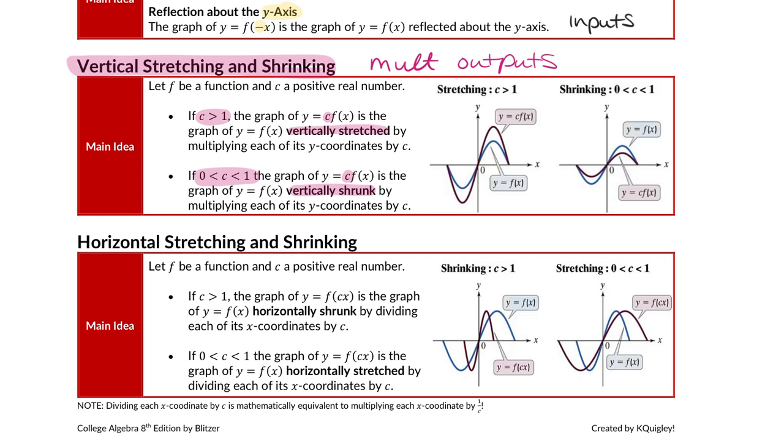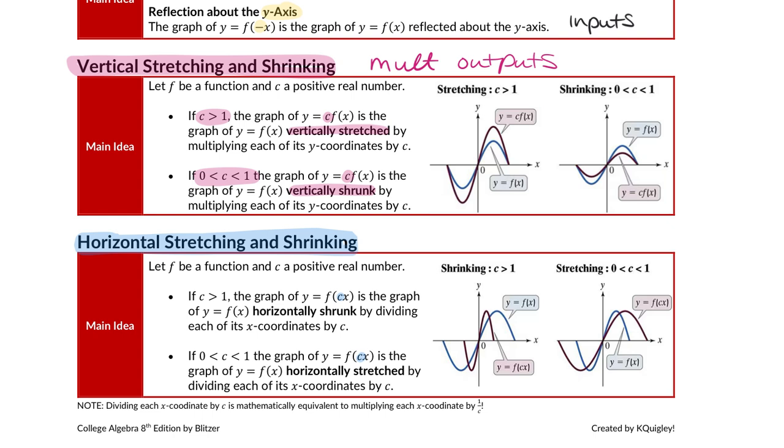Now, in the same way, if we take that number that we are multiplying by, and instead of having it on the outside, we take that number and put it on the inside, we are performing a horizontal stretch or shrink. So notice that the C this time has snuck in front of the X inside the parentheses. Inside definitely affects the inputs.